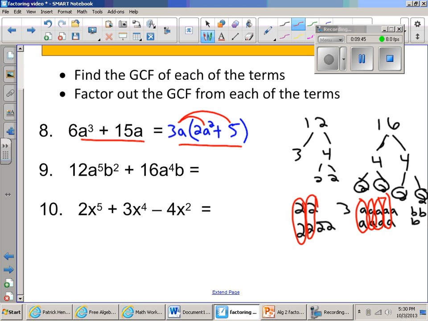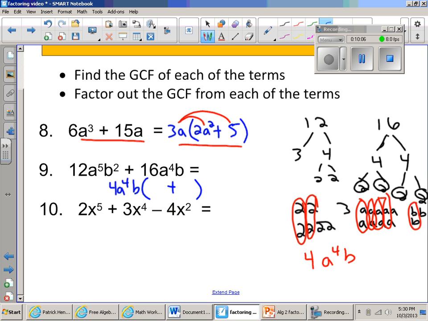So we have 2 times 2, which is 4. 4 A's, that's A to the 4th, and 1 B. Where does my GCF go? Outside my parentheses, so I have 4A to the 4th B. Bring my plus down.